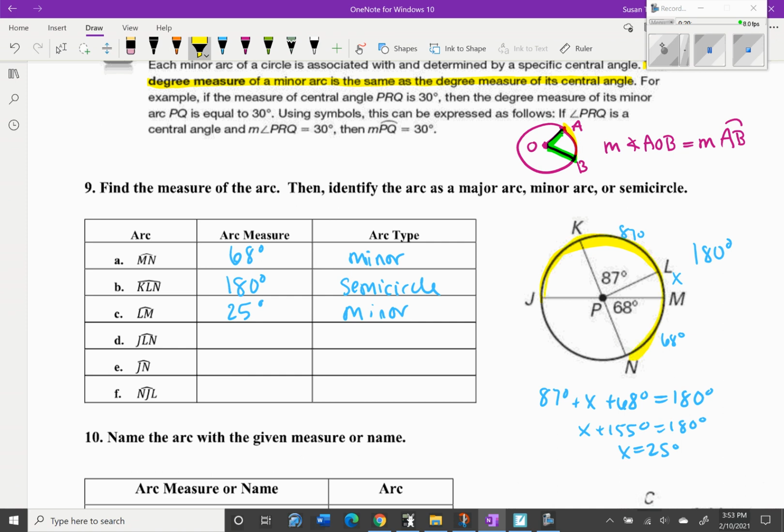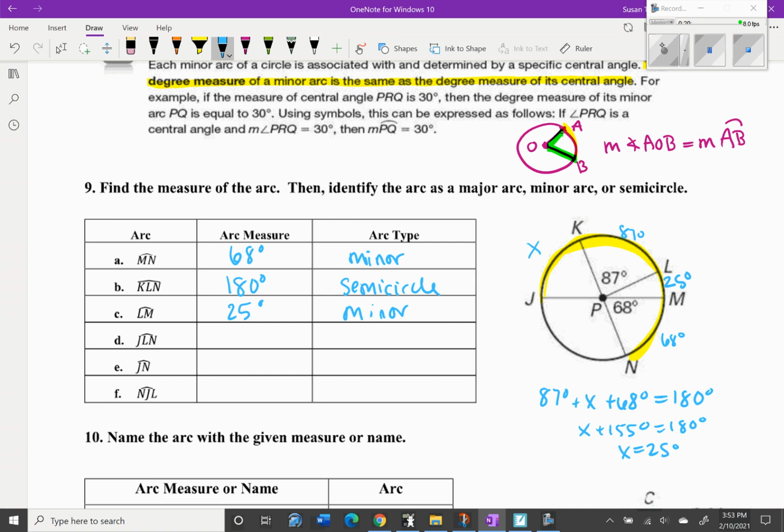Okay, so we said that this one right here, I'm going to write 25 degrees. So we know that 87 plus 25 plus the 68 gives us 180 degrees. And we want to figure out what this is equal to.